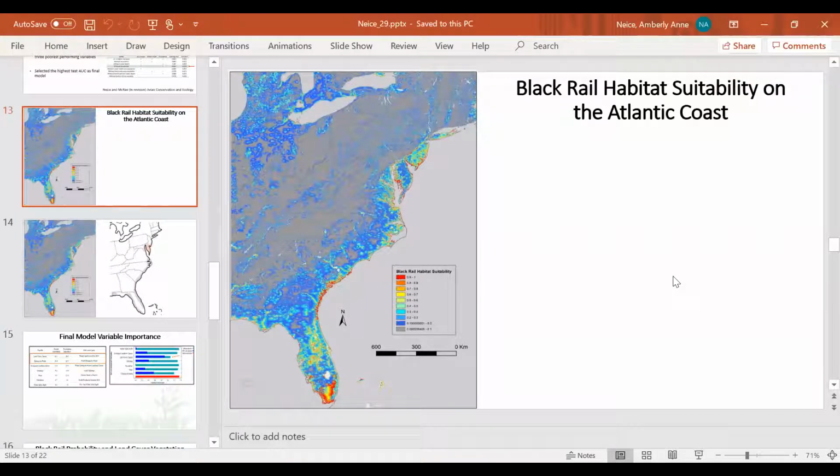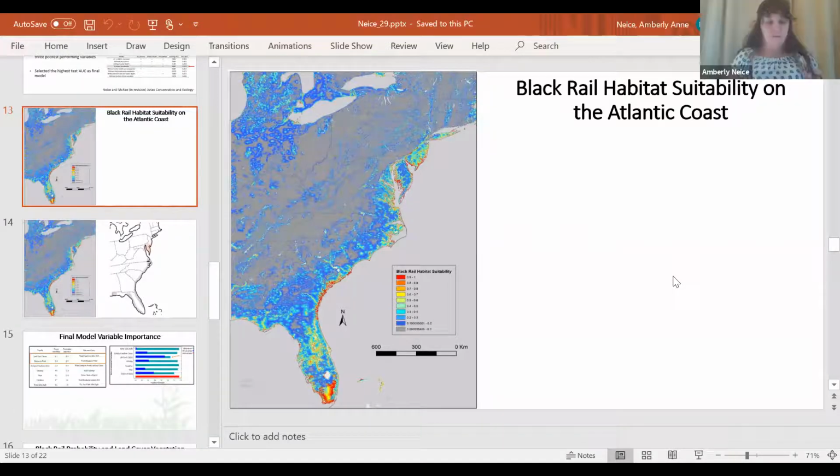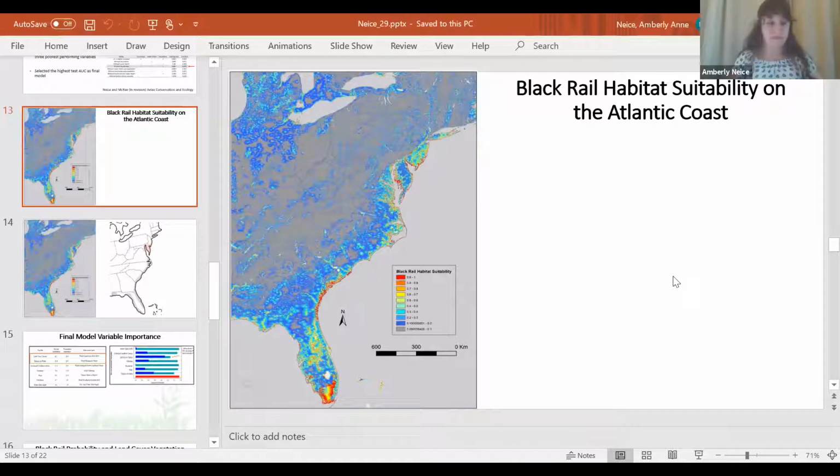So Nellie asked, can you explain how slope was defined? It seemed to not contribute as much to the model as she would expect. So the slope data set is from the Esri ArcGIS data set, and it's defined as the difference in elevation from one raster cell to another.